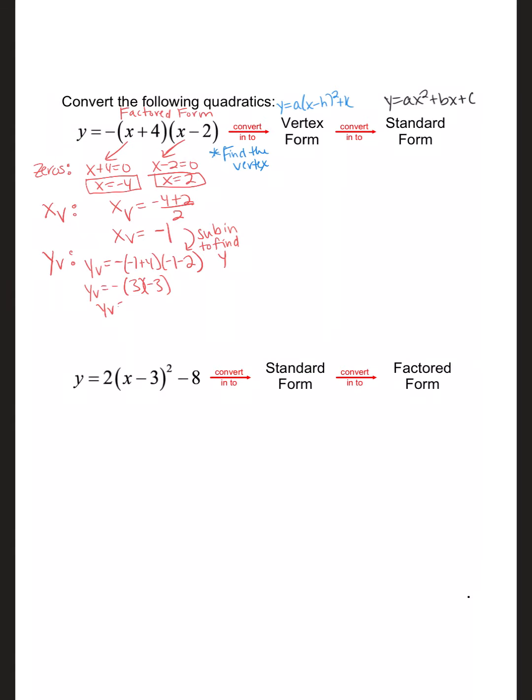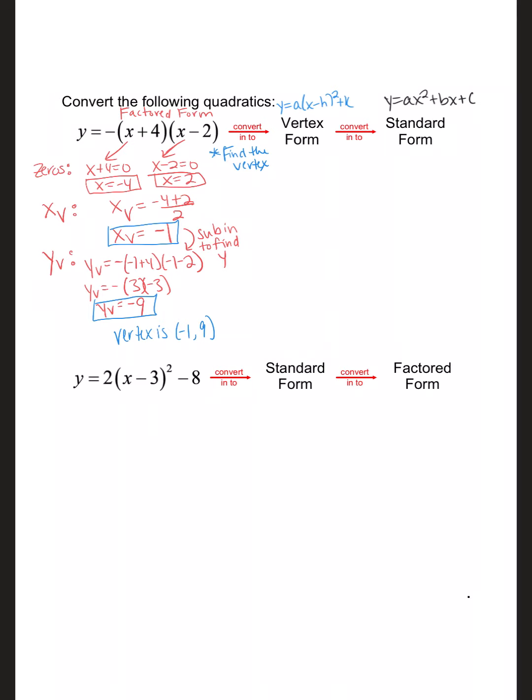And then we have a negative times 3 times a negative 3. So the y value of our vertex is going to be a 9. So we should take those two values, put them together to represent our vertex. So we have the x value of our vertex and the y value of our vertex. So we could say our vertex is negative 1 and 9.